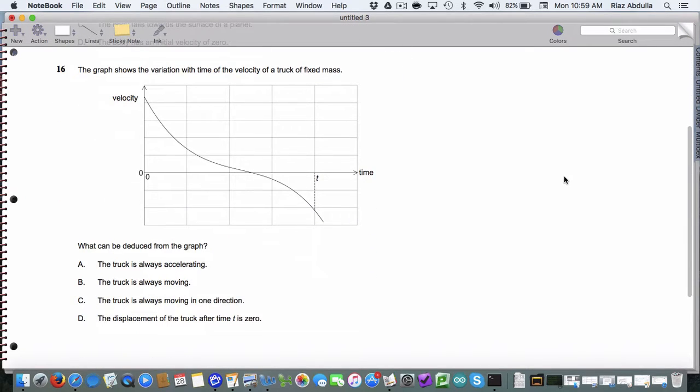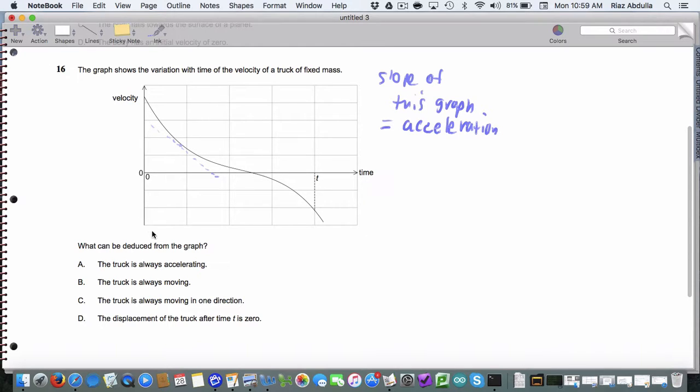Now here we show the velocity versus time for this truck, and we want to know what can be deduced. Let's be clear. The slope of this graph gives the acceleration. When we get the slope, we plant a point, grab a ruler, and draw the tangent line.